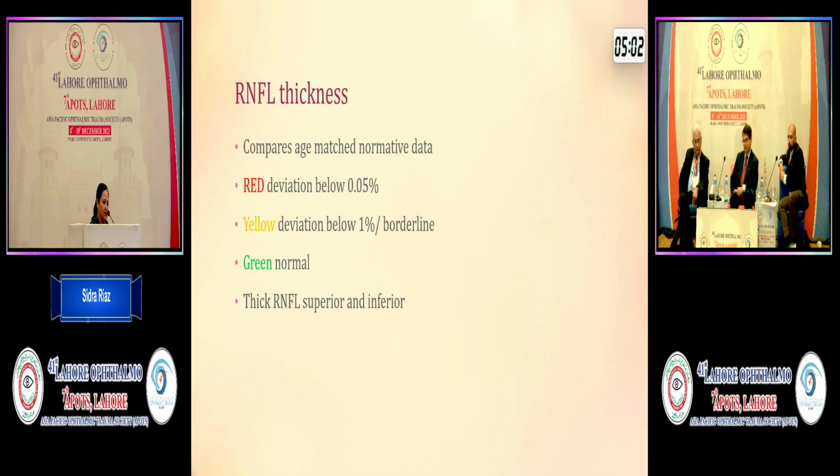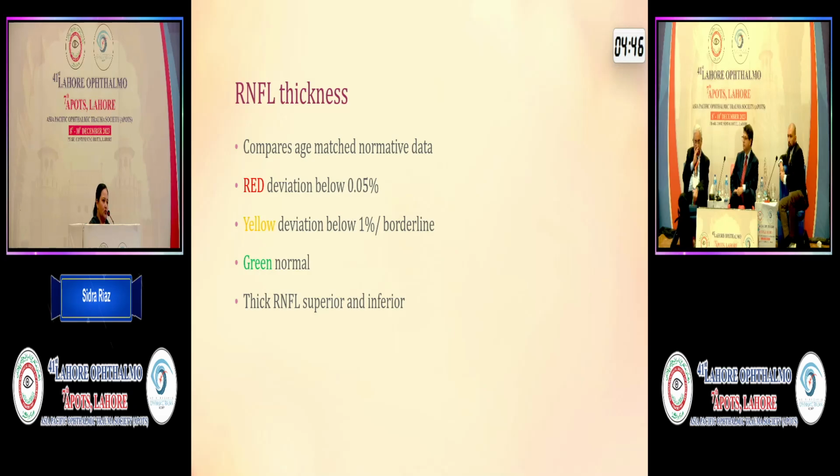In retinal nerve fiber thickness, you enter the data and you must be very accurate with the age of the patient, because it is an age-matched control normative data with which we are comparing the patient.